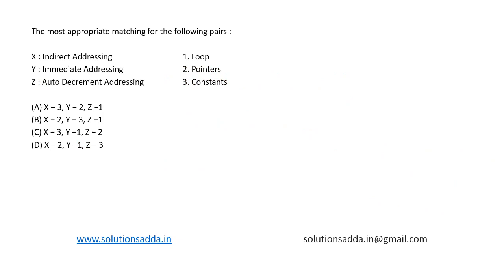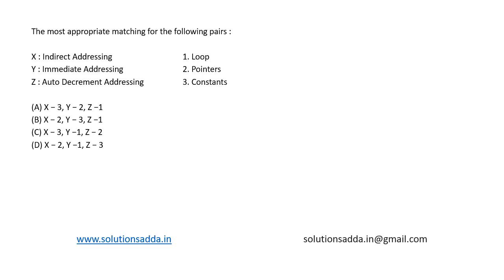This is a question from computer organization. The most appropriate matching for the following pairs: X indirect addressing, Y immediate addressing, Z auto decrement addressing, and 1 loop, 2 pointers, 3 constants. So let's see. X, indirect addressing. In indirect addressing, the instruction does not have the address of the data to be operated on, but the instruction points to where the address is stored.